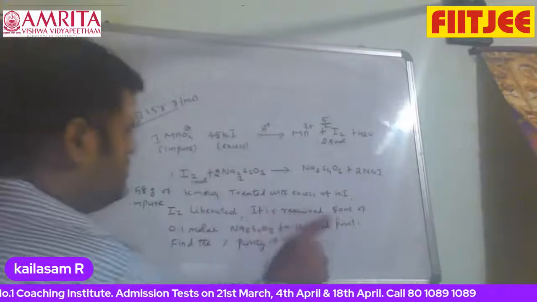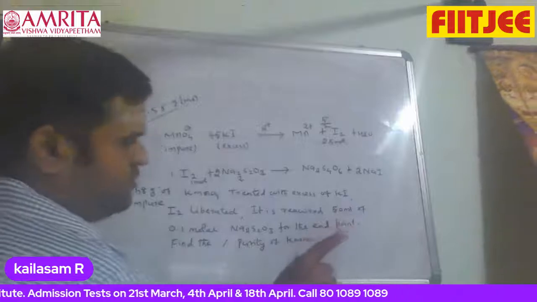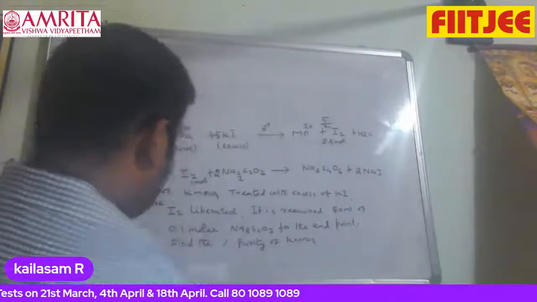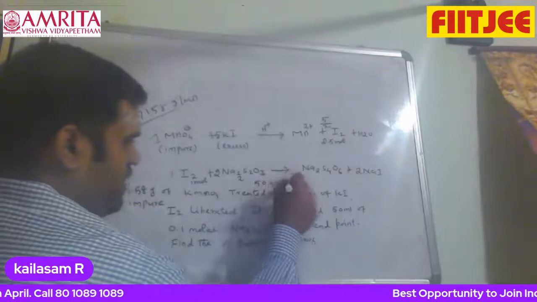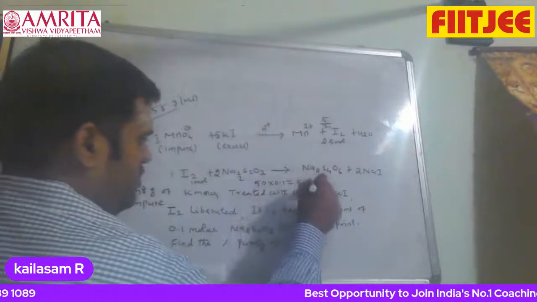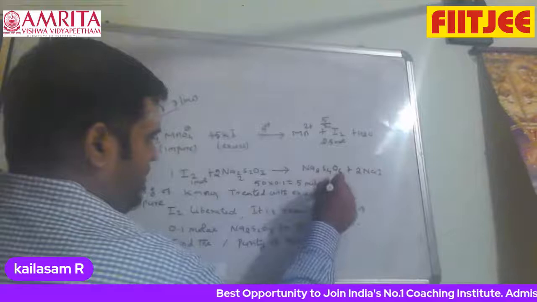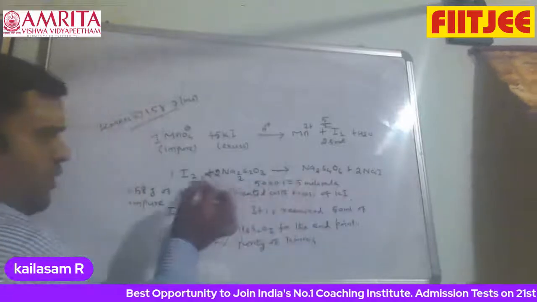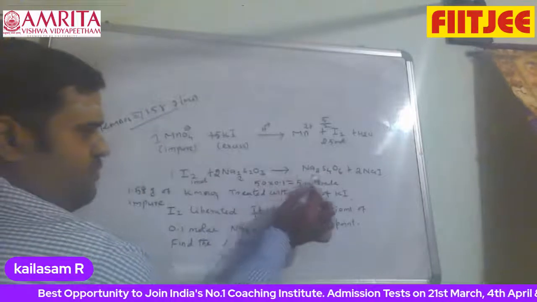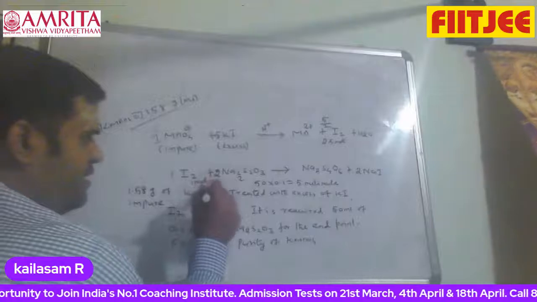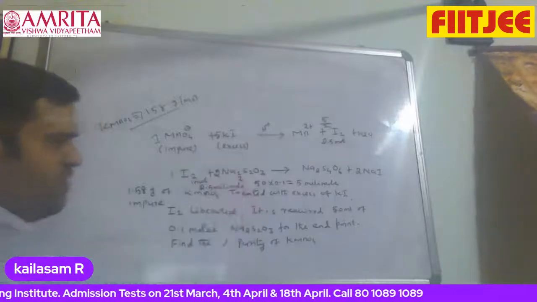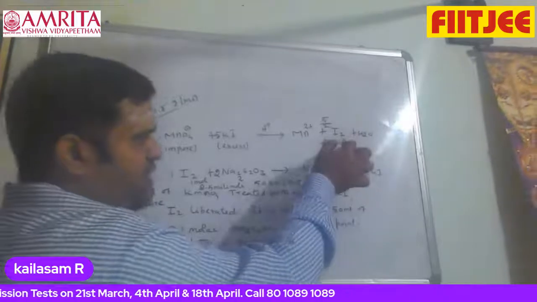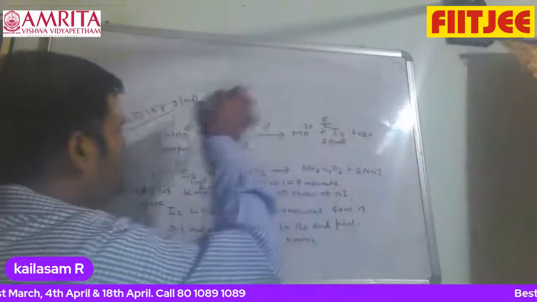Now the question is 50 into 0.1, which means 5 millimole. 2.5 mole required 1 mole, so 5 millimole requires 2.5 millimole.